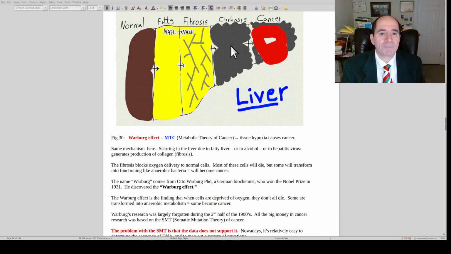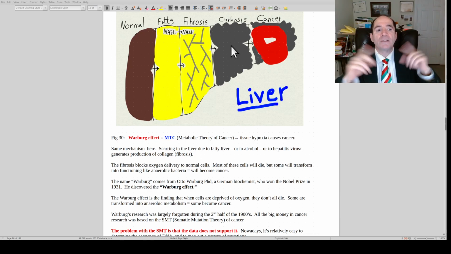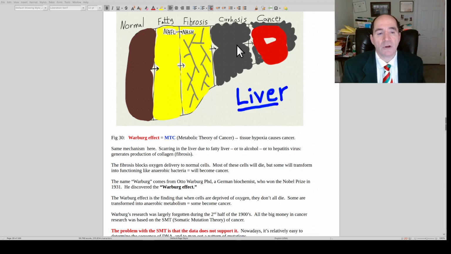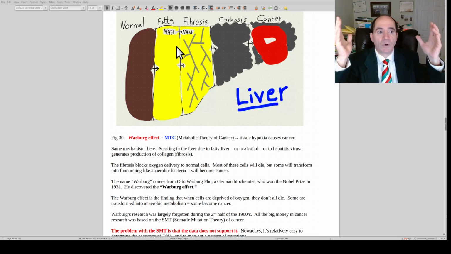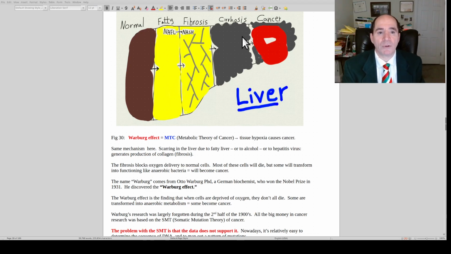So within that, the progressive fibrosis eventually becomes cirrhosis. There'll be pockets of liver tissue that are not dead, but they're not getting enough oxygen. And when they don't get enough oxygen, they can transform by Warburg effect into cancer. So there's how you can get liver cancer from cirrhosis. And like we spoke about in a previous recent lecture, fatty liver is now one of the most common causes of patients going into full-blown cirrhosis, dying of liver failure, going for liver transplants, developing liver cancer.